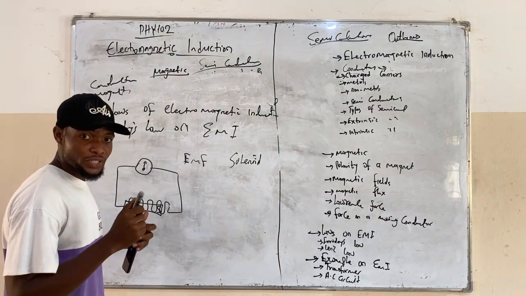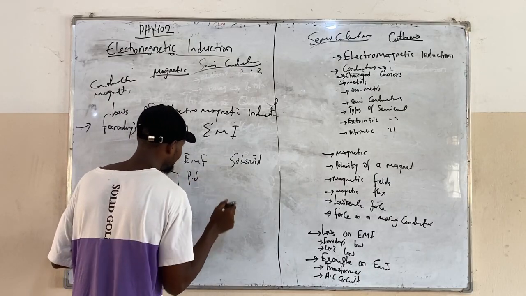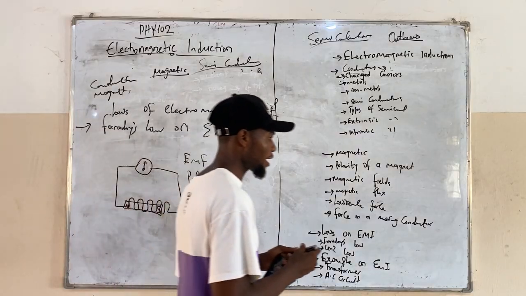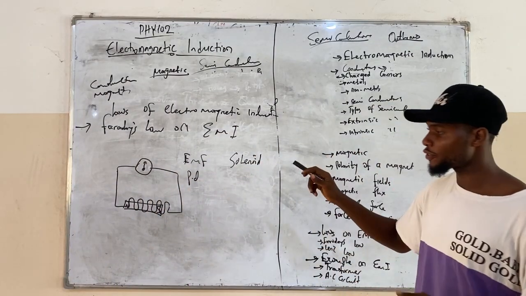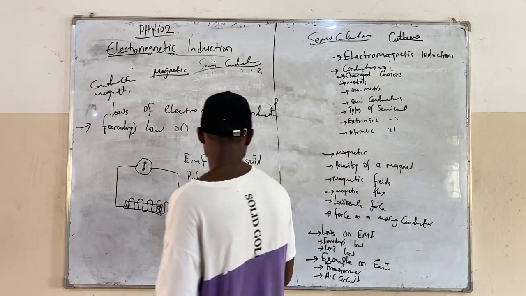EMF actually moves synonymously with potential difference. Of course, they have the same SI unit, volts, and all those things like that. And you know potential difference. The major difference between these two, let's have the diagram of a circuit here now.